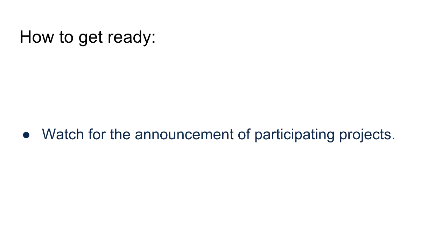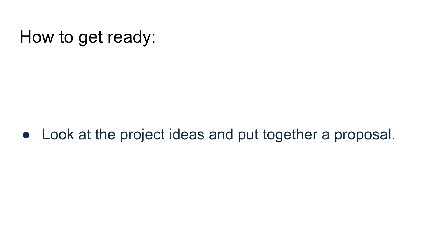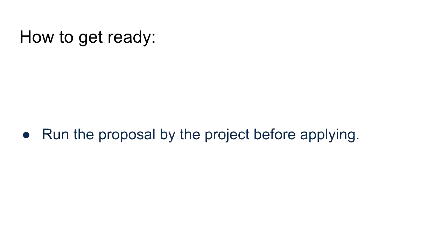And at that point is when students can really start working on their proposals. Now, students don't need to write their proposals based on the projects that the organizations suggest. They can write their own proposals. In that case, it's particularly important for them to talk to the mentors and the people behind the project so that they can help refine that proposal and make sure that it's a reasonable scope, something that's useful, something that they can support.